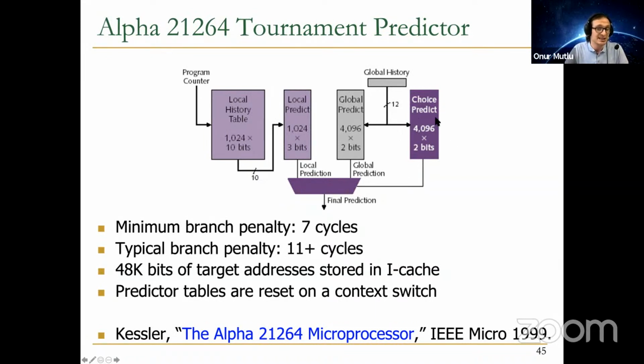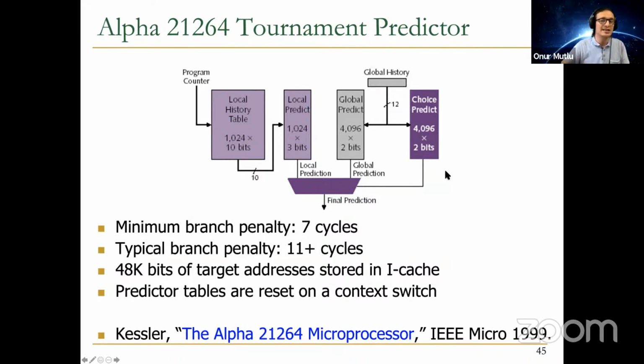If the global predictor is historically correct at that history, then you choose the global predictor. If the local predictor is historically correct at that history, then you choose the local predictor. So this is one way of doing the prediction, of course. This is not necessarily a very sophisticated way, and it may not be the final way that is implemented in Alpha 21264, but it is close enough to the final way.